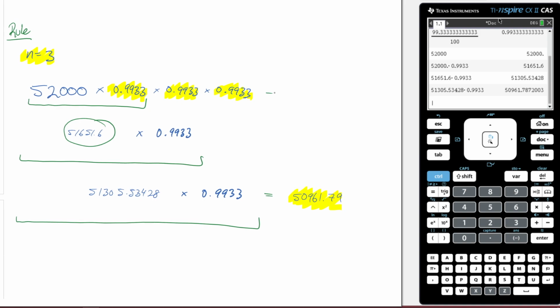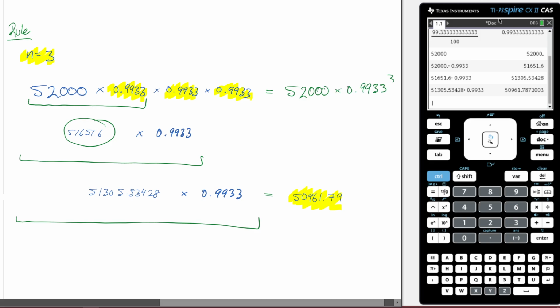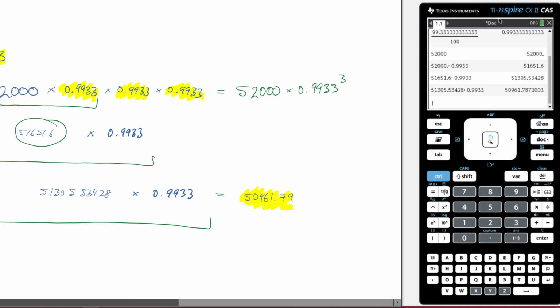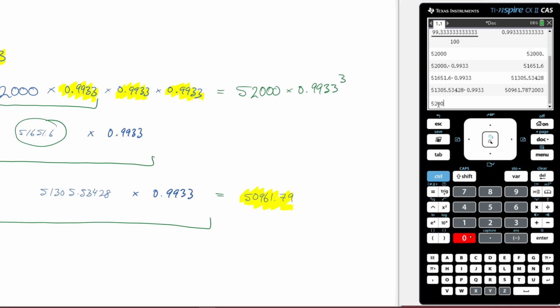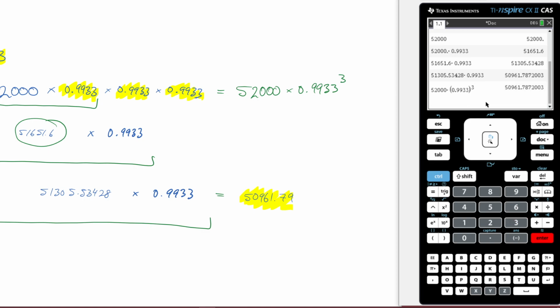So what you need to understand now is another way for me to write this right here is to simply go 52,000 times 0.9933 raised to the power of 3. And if I was to do that, 52,000 times 0.9933 raised to the power of 3, I'm going to get the same answer of 50,961.79.